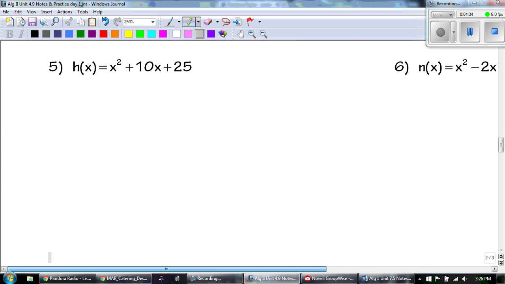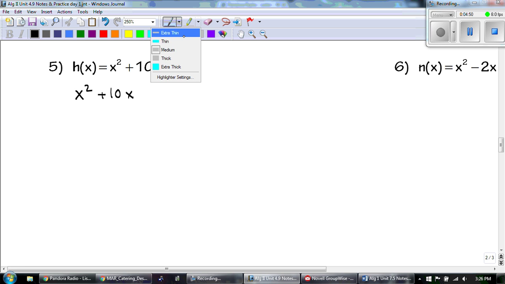Okay. So remember, we always check, I kind of forgot, but is there a GCF? No GCF. Okay. Then that's when we start doing everything. So we have the x squared plus 10x, make a little space, plus 25, and we got a little space.